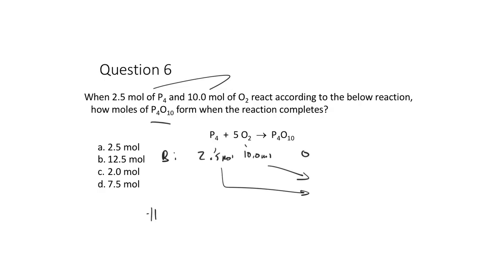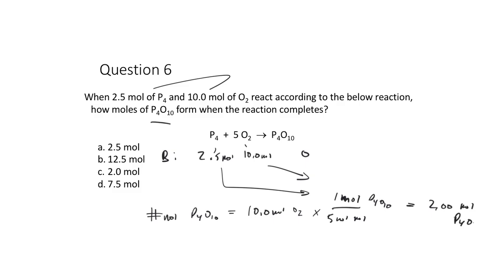So one thing I might calculate is the number of moles of P4O10 that I would get if I consume all the oxygen. For every 5 moles of oxygen that reacts, I produce 1 mole of P4O10. So that would give me 2.00 moles of P4O10.